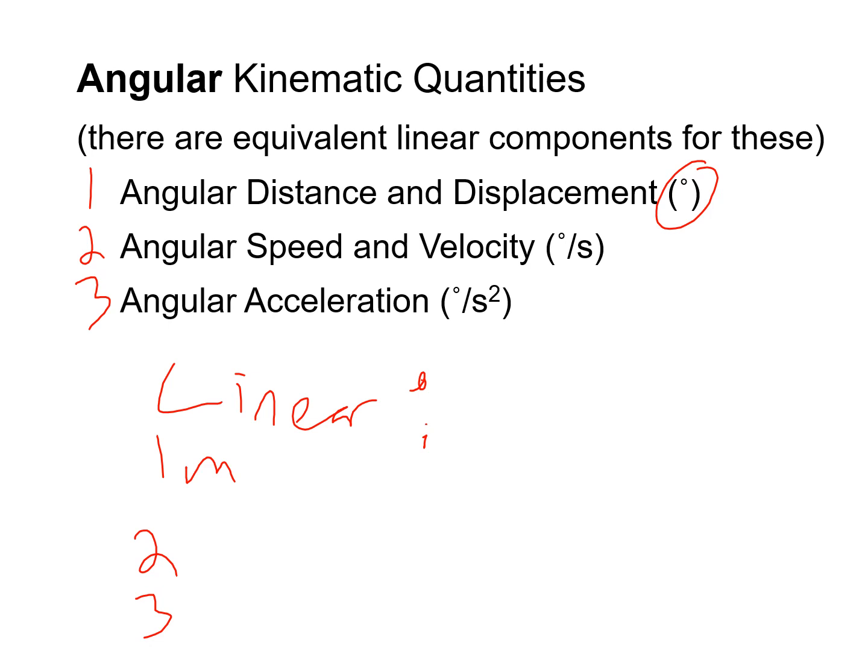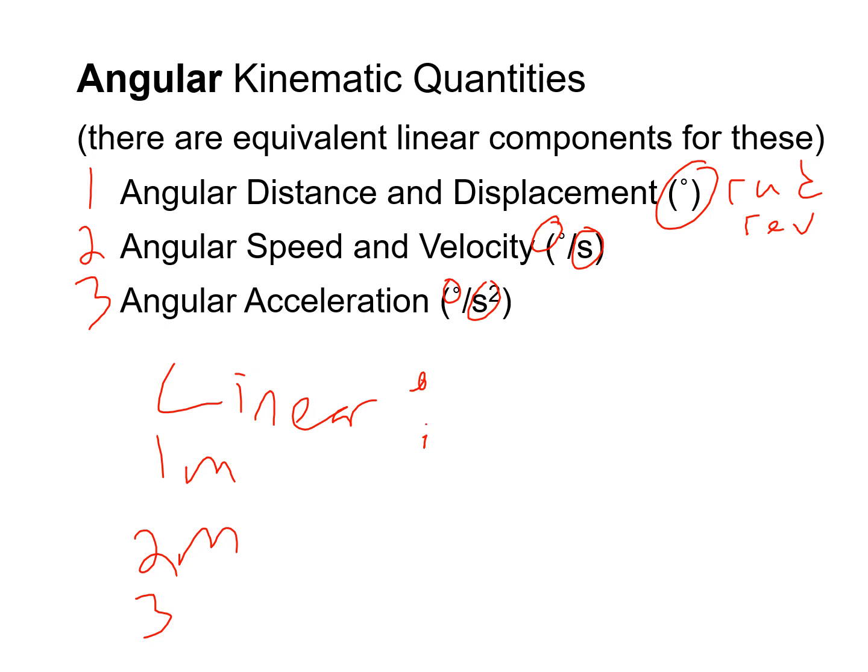For this class, once again, we're using meters. But as you progress through your career, you'll see other linear measurements. We'll use degrees. We may use radians or revolutions, and we'll look at those later. For angular speed, we're still keeping our seconds. Time is still always measured in seconds, but we're just using degrees instead of meters.